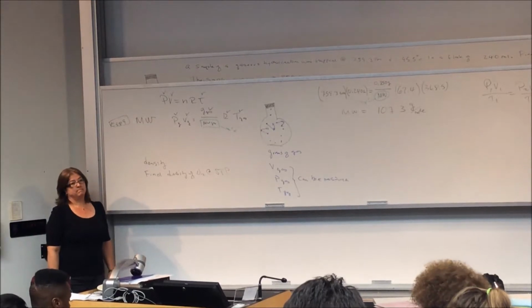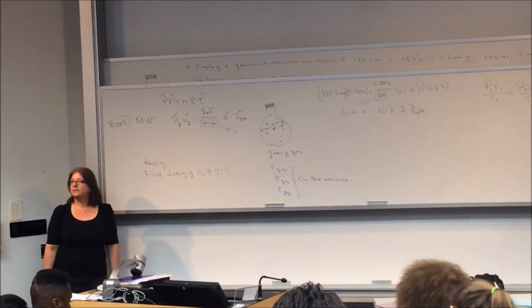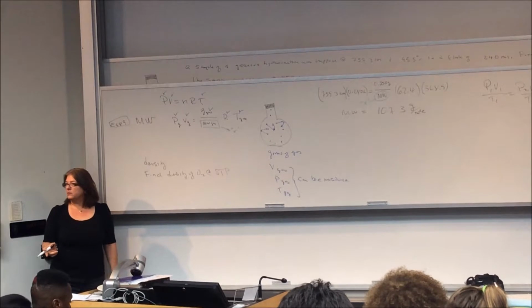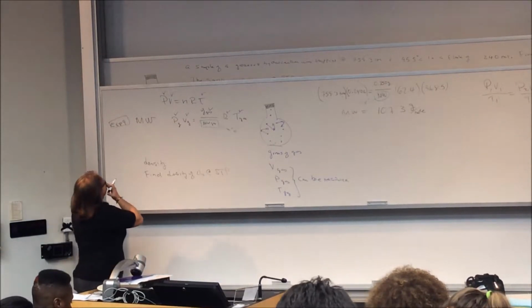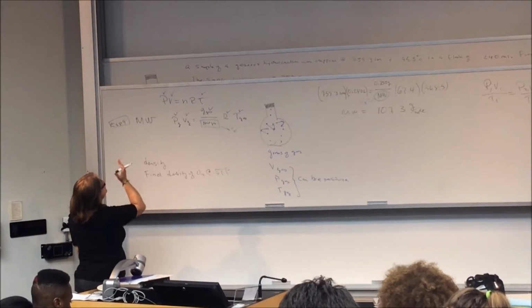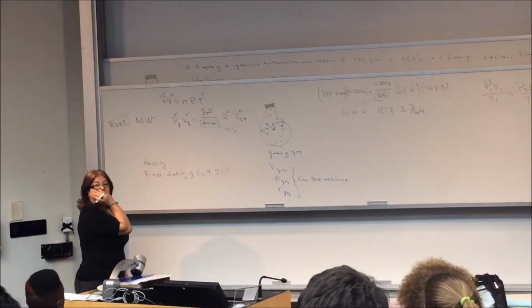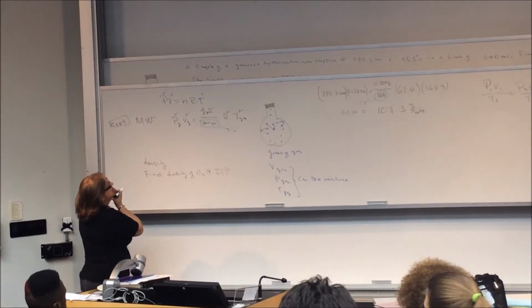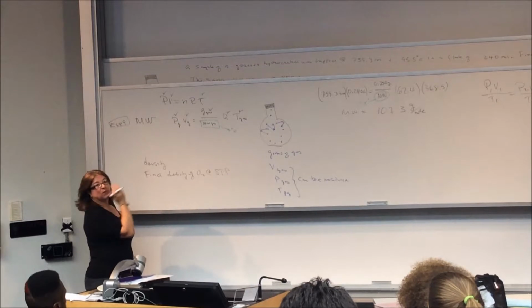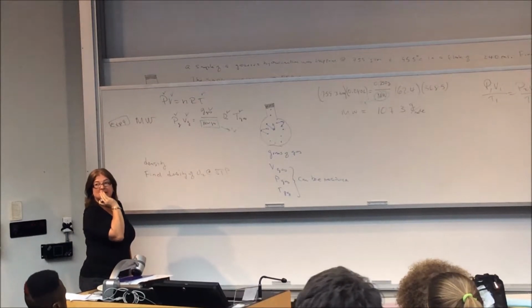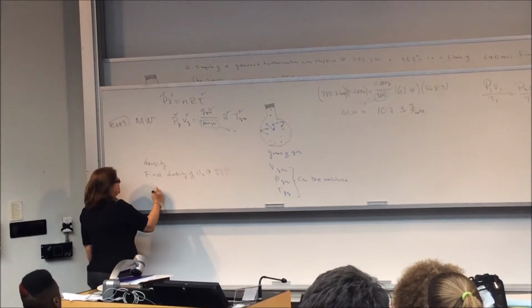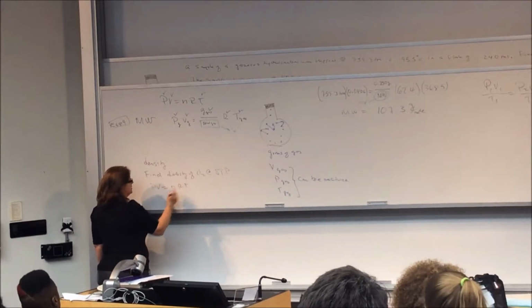Density, what's that? That's mass over volume, right? Where do I see density in PV equals nRT? It's in grams over volume, right? Yeah, look, PV equals nRT.